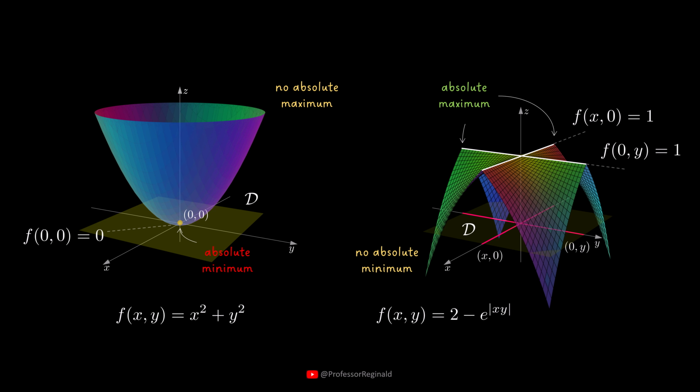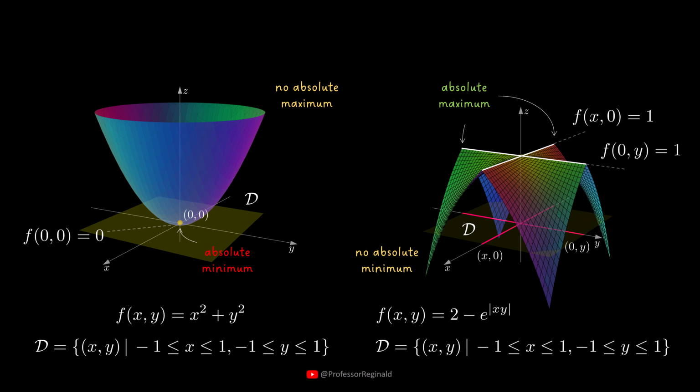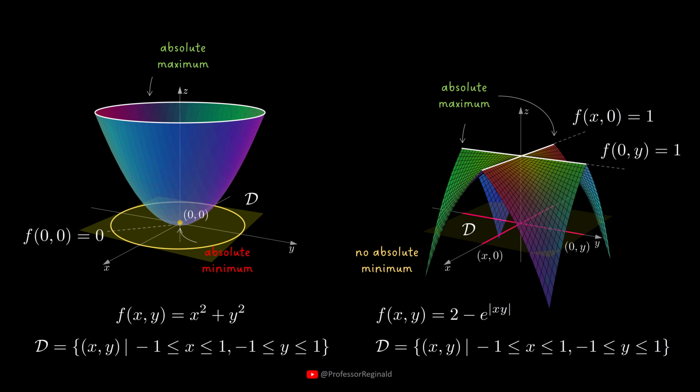Let us revisit two illustrations we had earlier, but this time, the domain of each function is closed and bounded. In the first graph, aside from having an absolute minimum, the function now has an absolute maximum, which appears on these points in the domain.